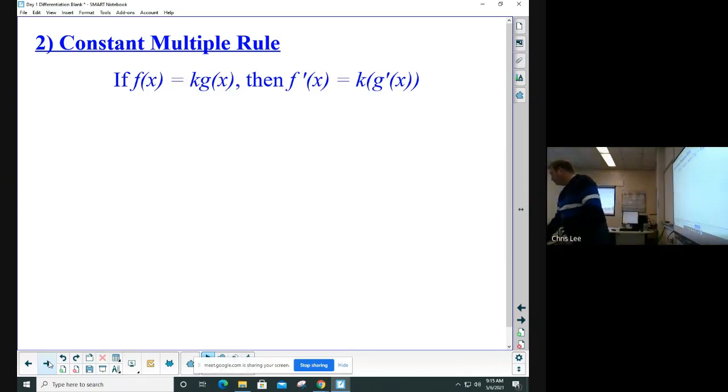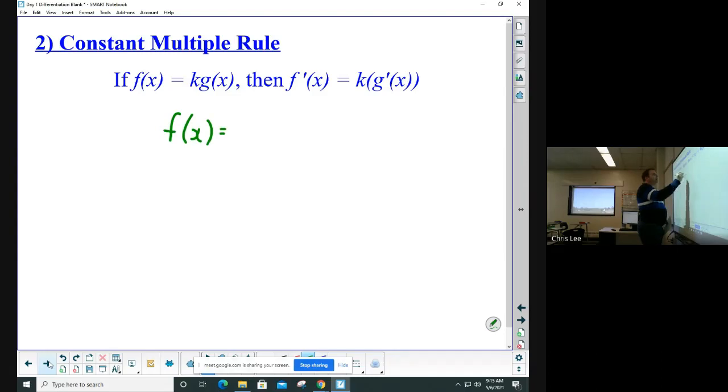So if we had f of x was 7x squared, I know that I saw in that Desmos activity that you all can predict that the derivative is 14x. I'm going to show you why it's 14x, because the constant multiple rule says this.